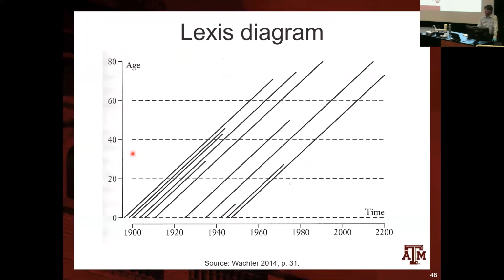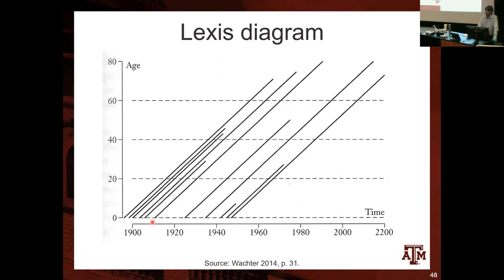Someone who was born in, let's say, 1942 starts here. As we add 1 year, that person gets 1 year older. If 2 years pass, the person is 2 years old now. And as people die, they disappear from our Lexis diagram.